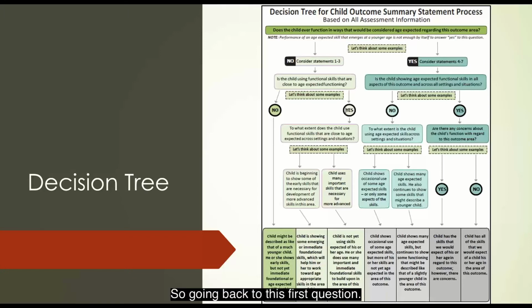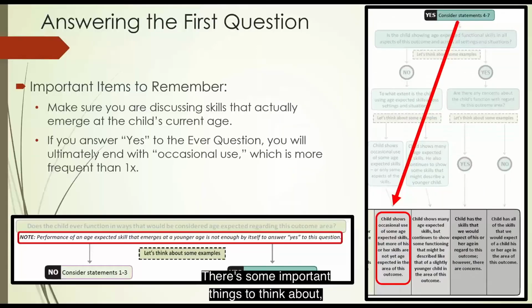So going back to this first question, there's some important things to think about and to remember. If we look on the right to this longer picture here with the red arrow going from the yes all the way down to the bottom, if we answer yes to this first question, the ever question, even if we answer no to the next question and then say that there's only occasional use, there's not a lot of extent that they're using age expected skills, our final rating is going to be that the child shows occasional use of some age expected skills, but more of his or her skills are not yet age expected in the area of this outcome.